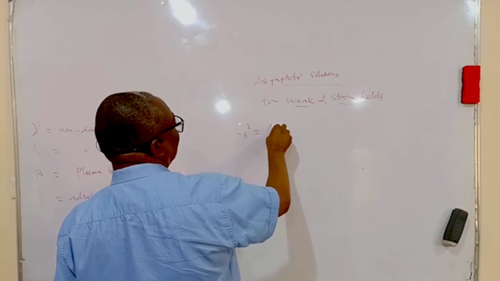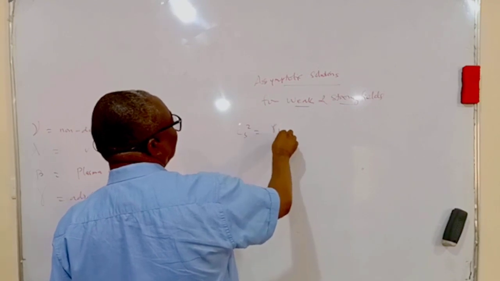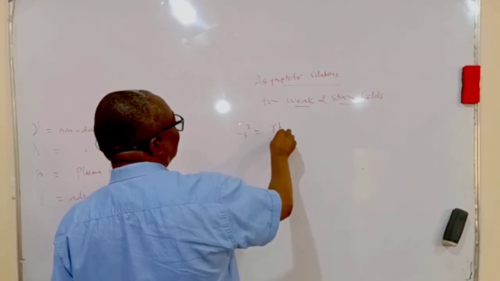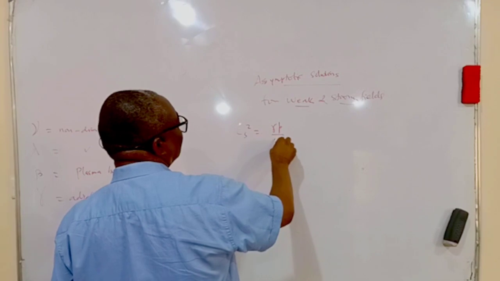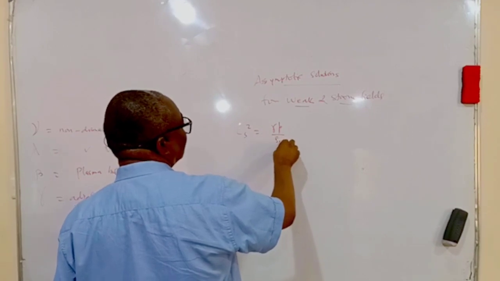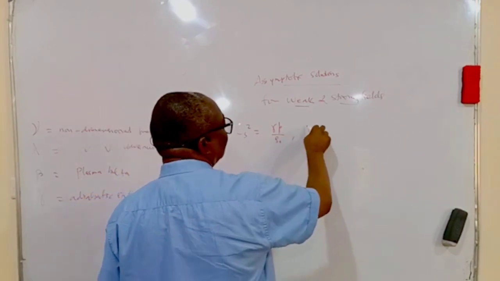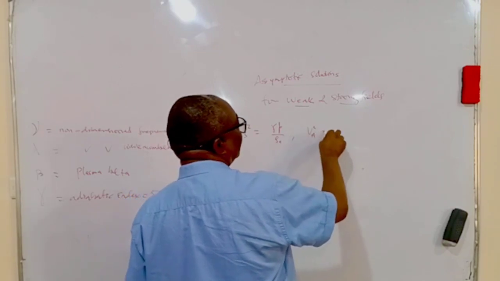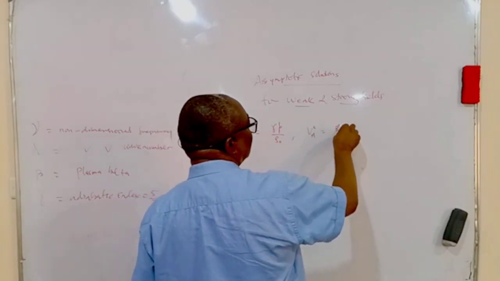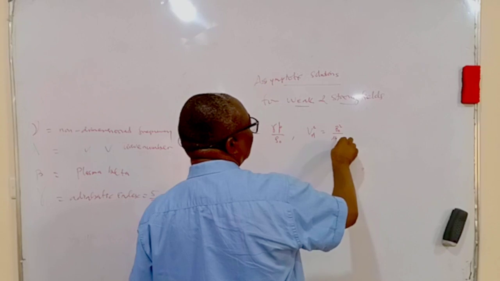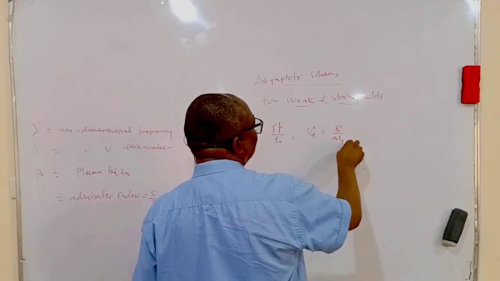Have you forgotten again? Is it gamma P0 over what? Over rho naught. What of your VA squared is equal to this? Is it not? Over mu naught rho naught.